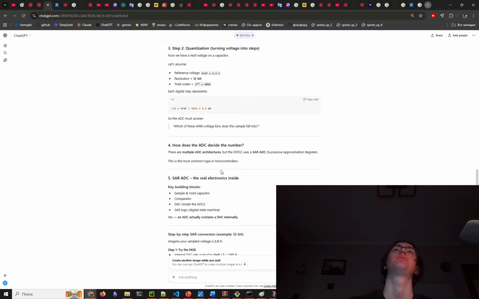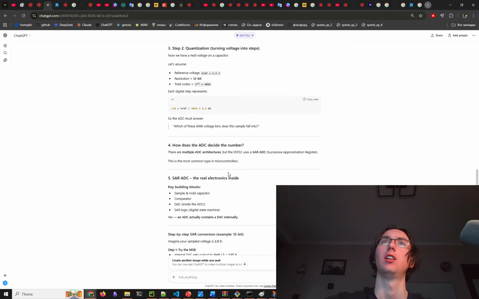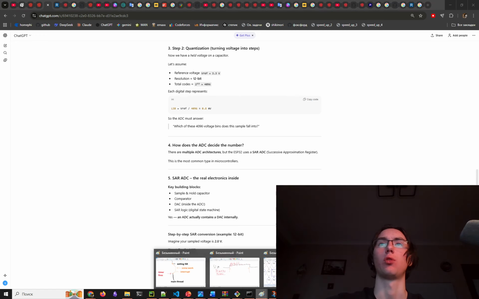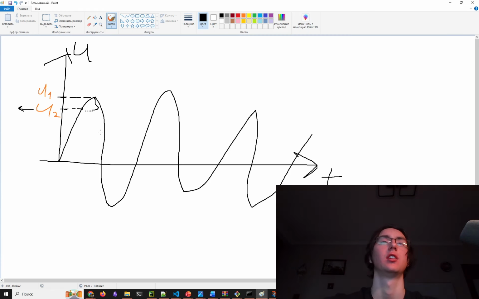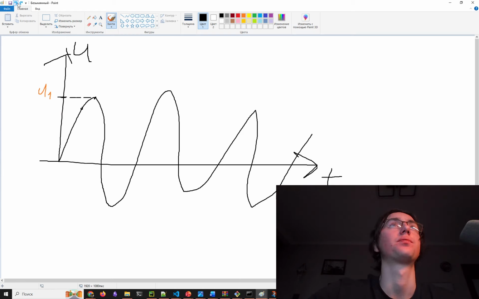Oh, that's basically what I thought about. So we basically quantize these values. Yep. So we took a snapshot here, and we got this value.